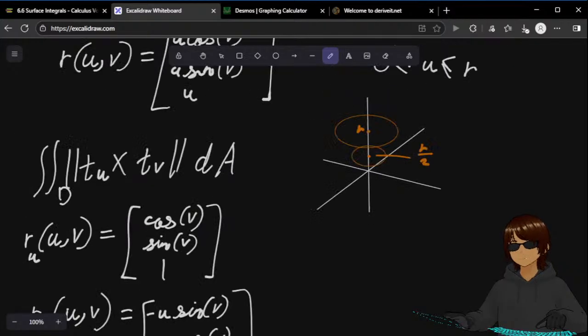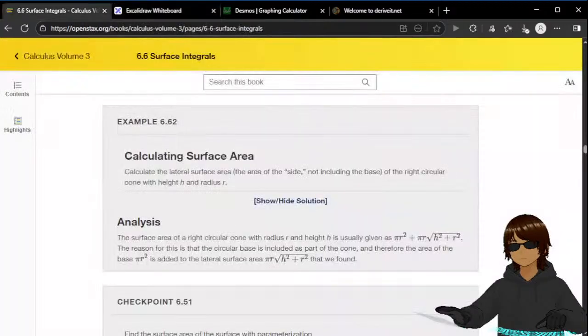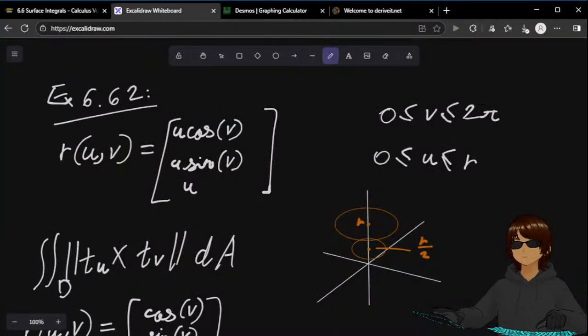Hey, the height h, where is that? Height h and radius r.